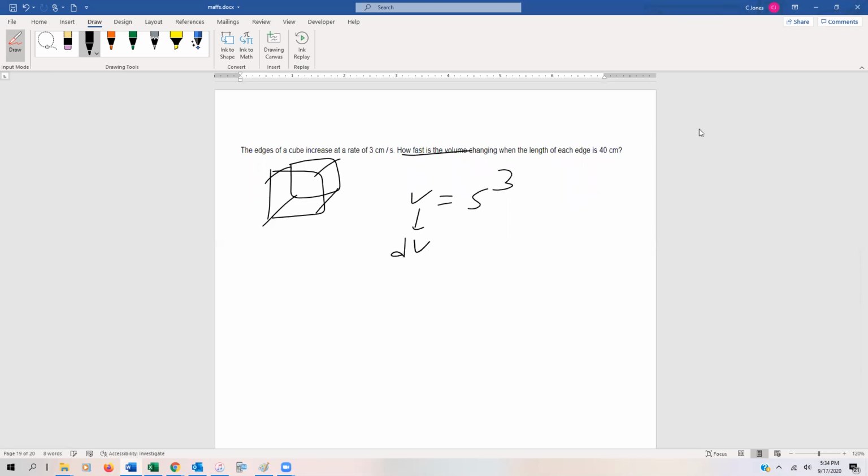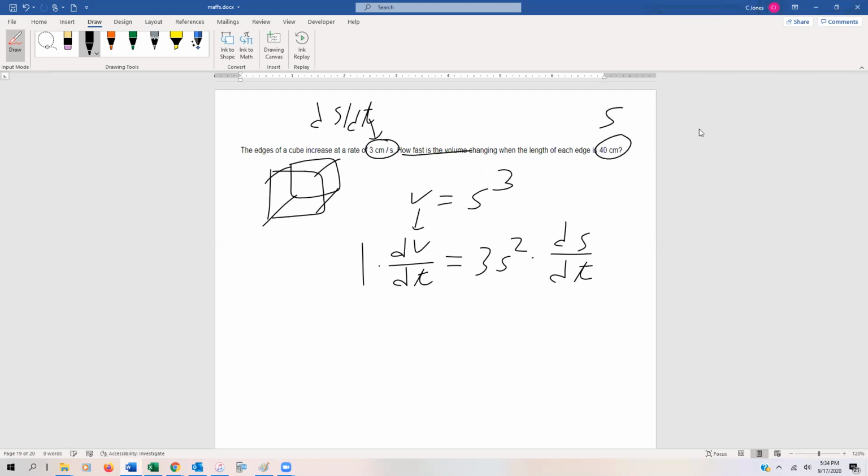The derivative of V is 1, and then we multiply by dV/dt. The derivative of s cubed is 3s squared, and we multiply that by ds/dt. Now the edges of the cube are changing at 3 centimeters per second, so that's our ds/dt, and right here is our s, because that's the length.